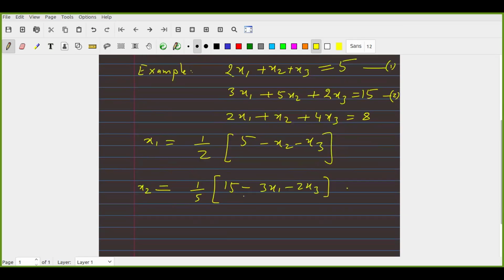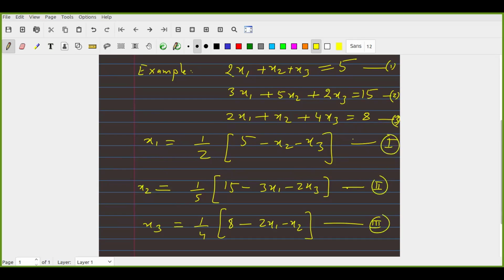And for extracting a formula for x3, I'm going to use the third equation, which gives 1 by 4 times (8 minus 2x1 minus x2). So these Roman 1, Roman 2, and Roman 3 are the equations that will help us.